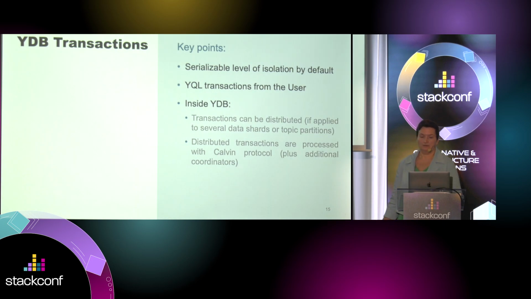YDB gets YQL transactions from the user. As I mentioned, YQL is our rich SQL dialect. And inside YDB, transactions can be distributed if applied to several data shards or topic partitions. Distributed transactions are processed with the Calvin protocol plus some additional things.